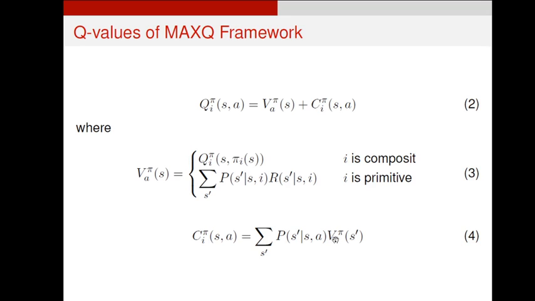That means the state value corresponding to all those states S dash originating from S with the action A in the subtask i. So this is Ci pi. It is called a cumulative or completion function. So the Q value contains two parts. One is the internal max node value, that is Va pi of S, and the other is the completion function or Q value function. That is why it has the name MAXQ.